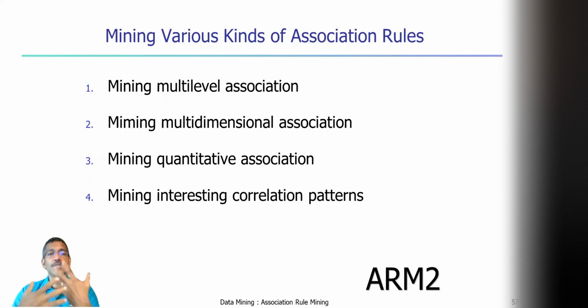All right. So this last part of the session is to talk about other extensions. One of you asked, if one person buys 2 items and another 1 item, how do you consider that? Those are the different variations or extensions that you can make to the standard association pattern mining algorithms that we have.